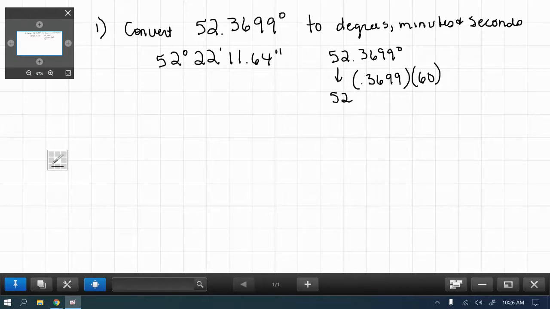That brings me down to minutes. When I did that, I got 22.194. So then that will be 22 minutes. And then the remainder is 0.194. You're going to multiply that by 60, and that'll give you your seconds.